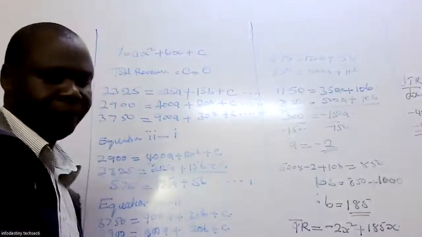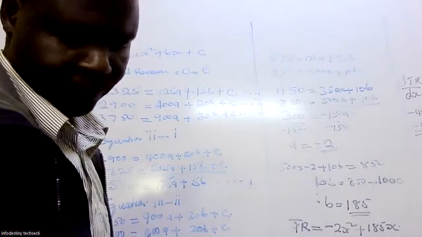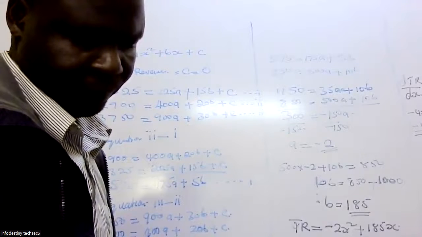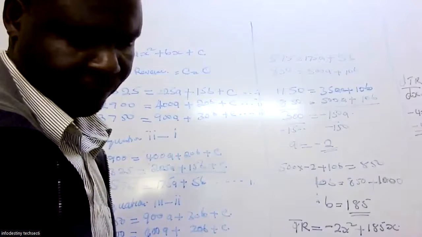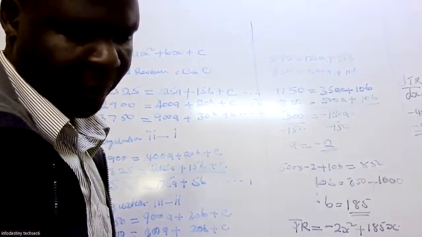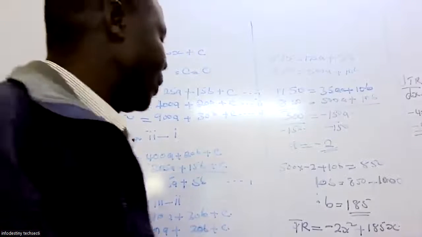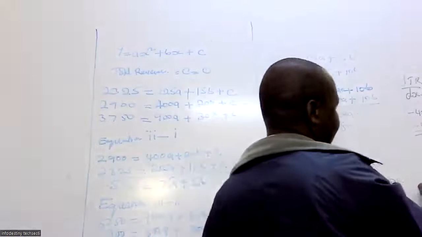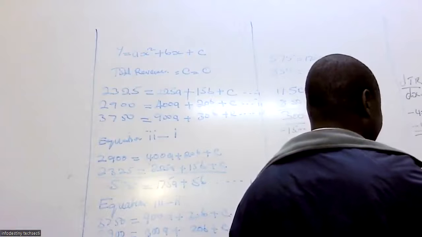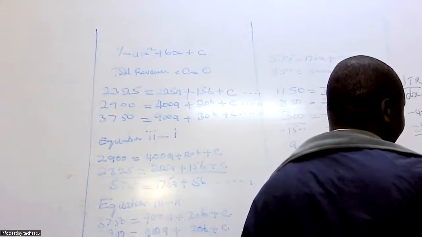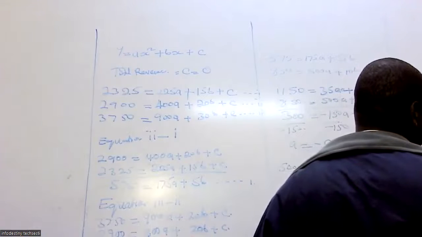Now the next one. So they want you to do the revenue when the number of units of Q sold is 50. So we just come here, say that TR will be equals to negative 2 times 50 squared plus 185 times 50.